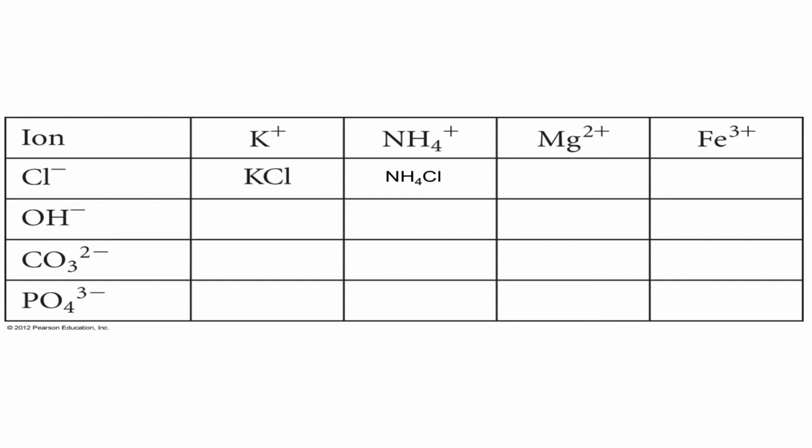Let's do some others. Ammonium chloride. Again, 1-to-1. One ammonium, one chloride to make a neutral salt. Magnesium chloride. One magnesium, but it's a +2 charge, so I need 2 chlorides, so that's MgCl2. Iron chloride, FeCl3.